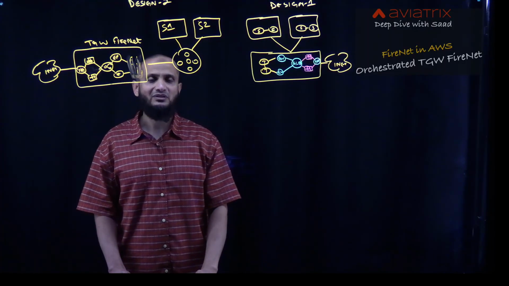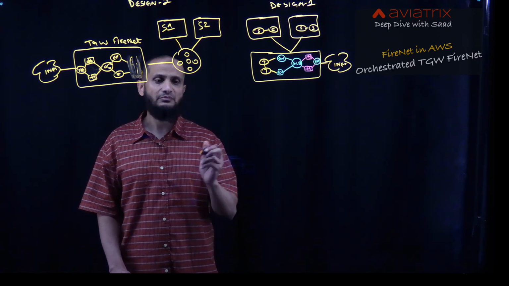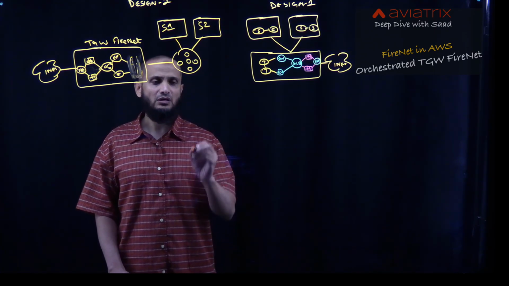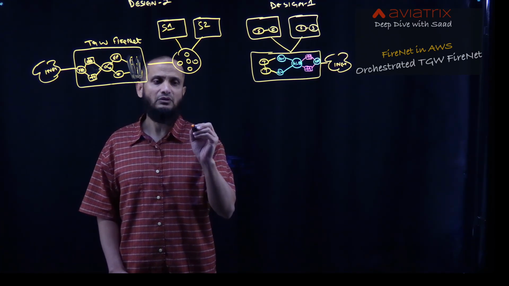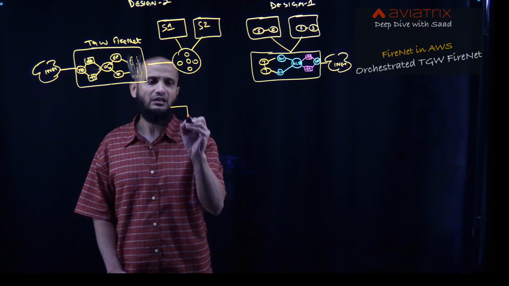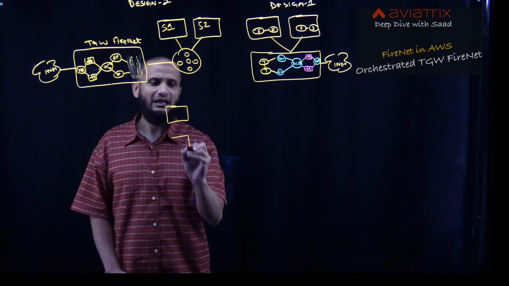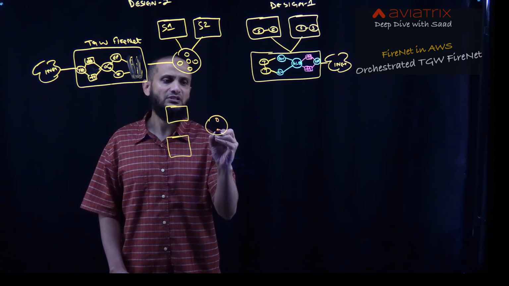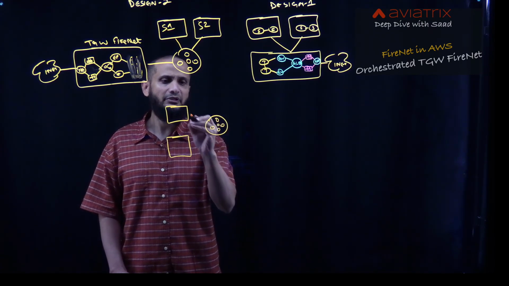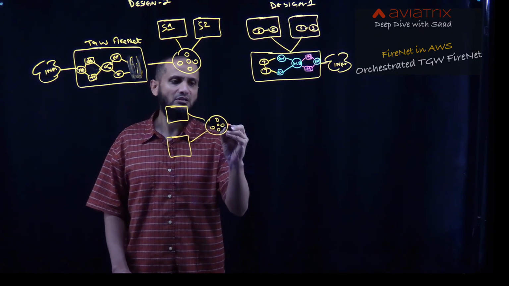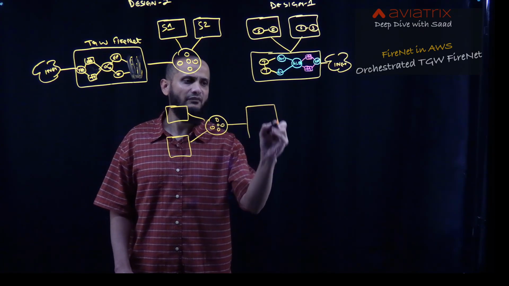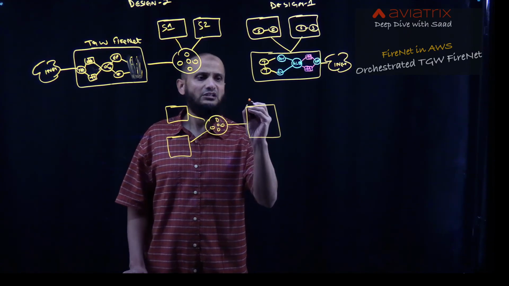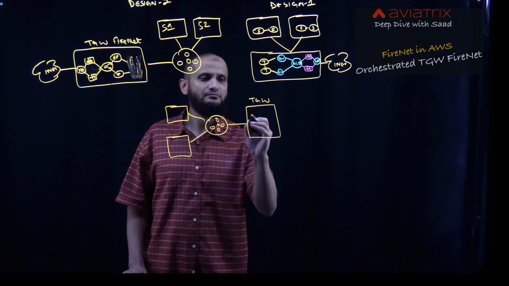At this point, I'm going to discuss the last architecture that Aviatrix supports for AWS, which is the orchestrated TGW. In this scenario, let's say you have your application spoke VPCs, those are attached to the TGW, like TGW attachments. Then we have TGW FireNet.